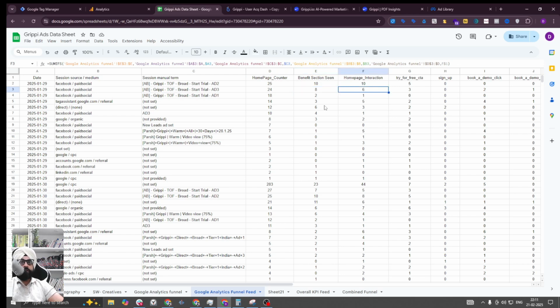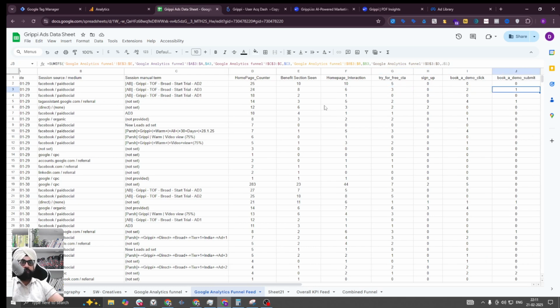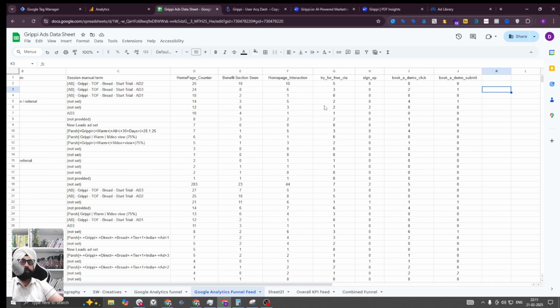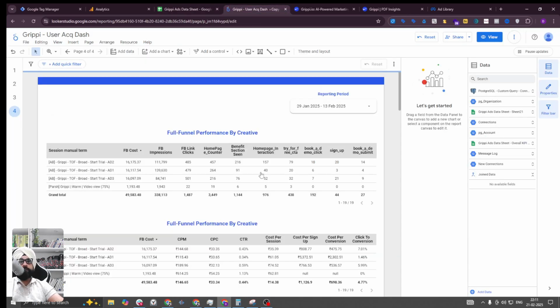Then sessions where the benefit section or the second fold was seen, sessions where interactions happened, sessions where the try for free CTA was clicked, sessions where sign up happened, sessions where the book a demo click happened, and sessions where the demo was booked.